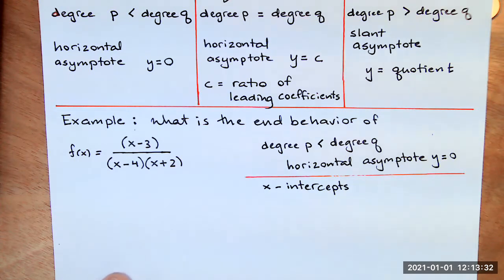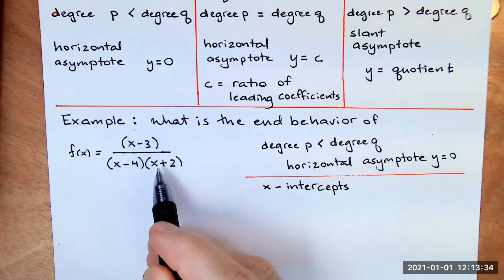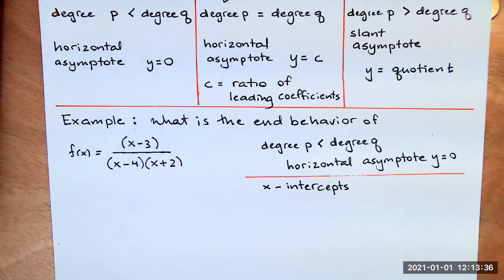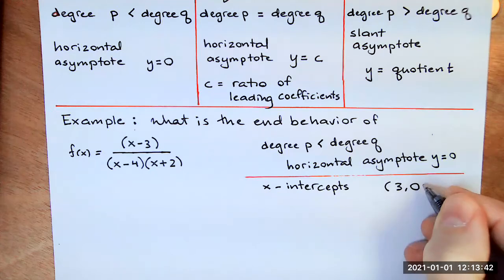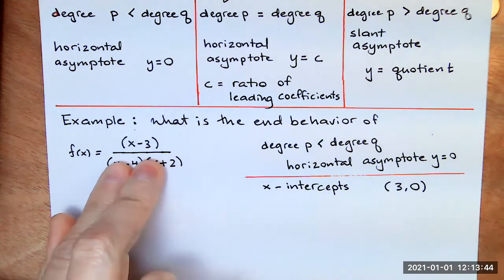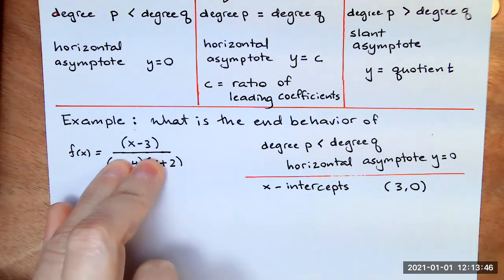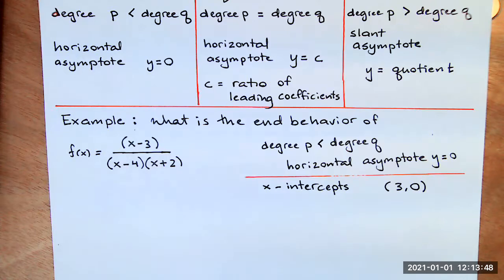All right, will this function have any x-intercepts? If you said x equals 3, you would be correct, because that's where the numerator is equal to 0. Will this function have any vertical asymptotes?